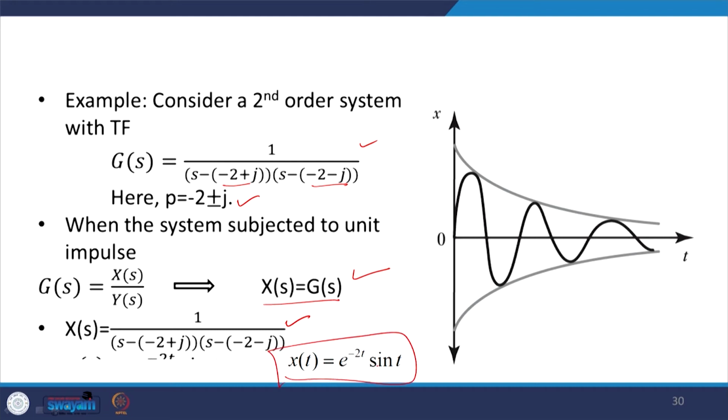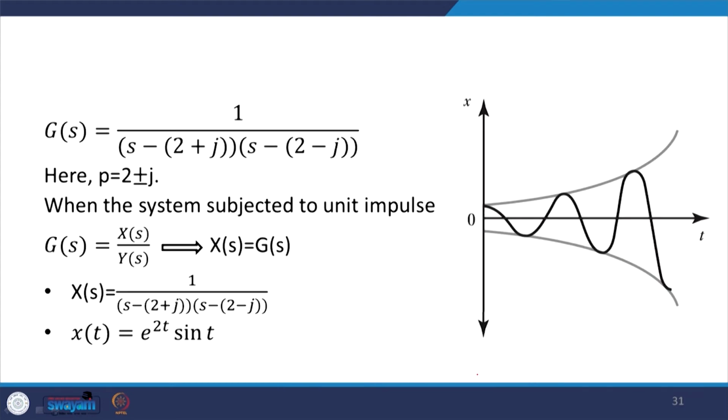In this case we can see that there is an exponentially decaying envelope on the sine function over here, and this way oscillations are going to gradually decrease and your system is going to be stable.